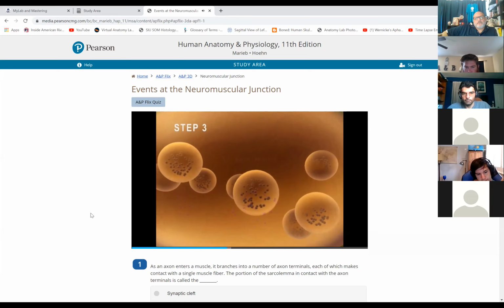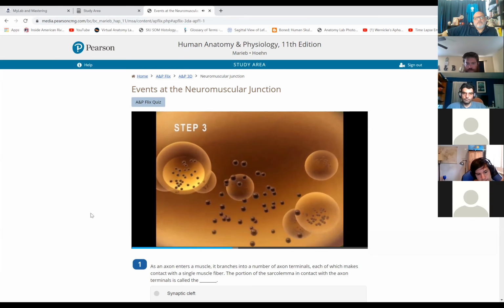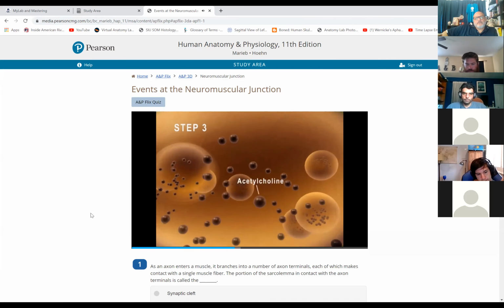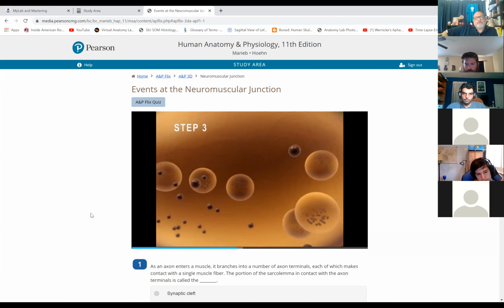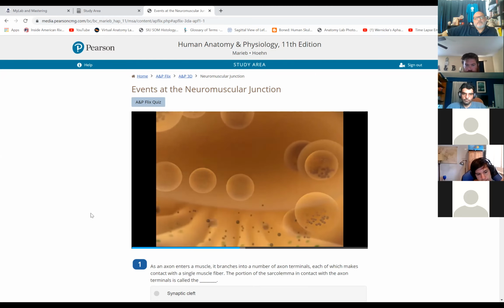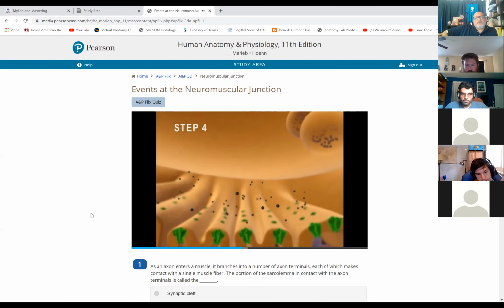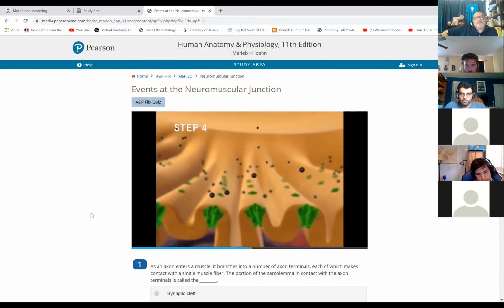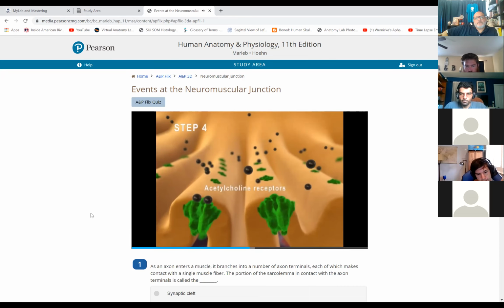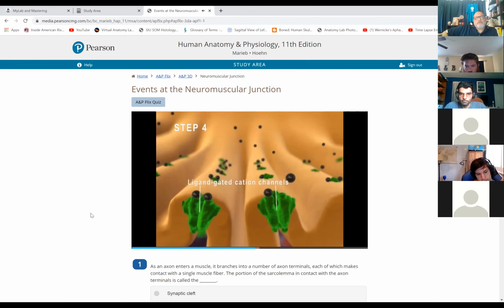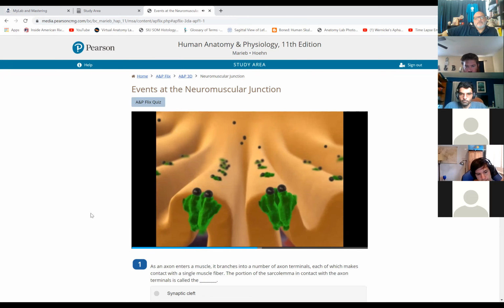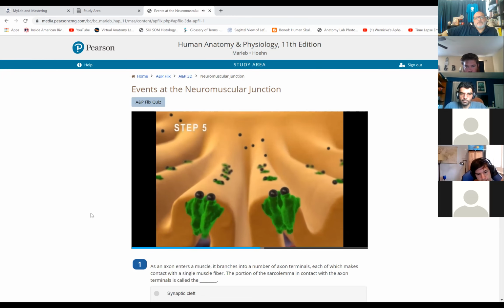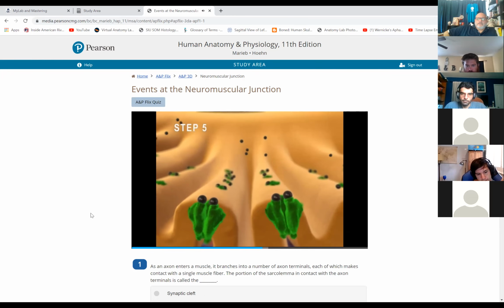Calcium entry causes synaptic vesicles to release acetylcholine via exocytosis. Step 4. Acetylcholine diffuses across a synaptic cleft and binds to acetylcholine receptors, which contain ligand-gated cation channels. Step 5. These ligand-gated cation channels open.